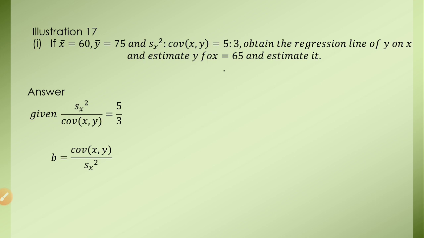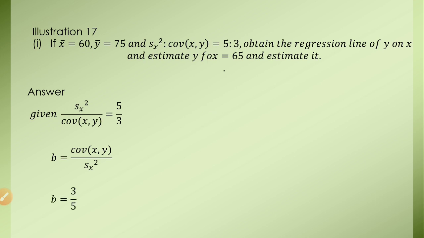The formula of b is covariance xy upon Sx square. So you should trust yourself, because in the question the reciprocal is given, but actually the formula is covariance upon Sx square. It is quite similar. If you forget the formula and you think that what is in the question is right, you are wrong. So you have to trust yourself, you will learn the formulas.